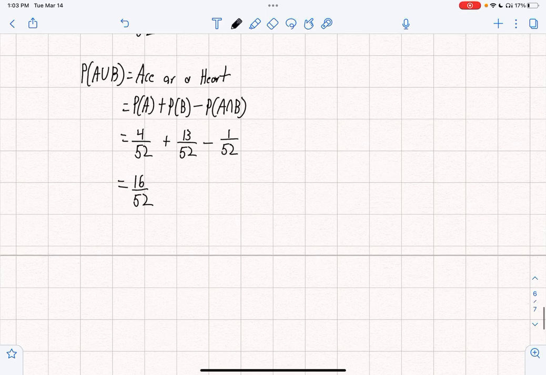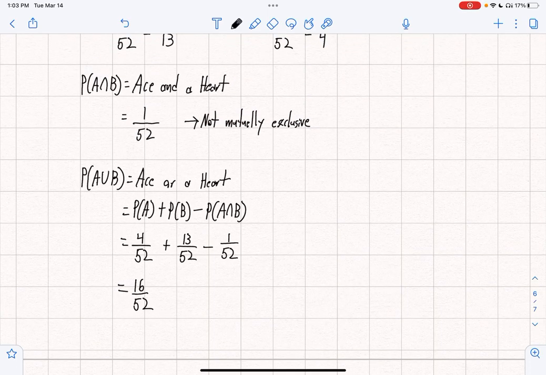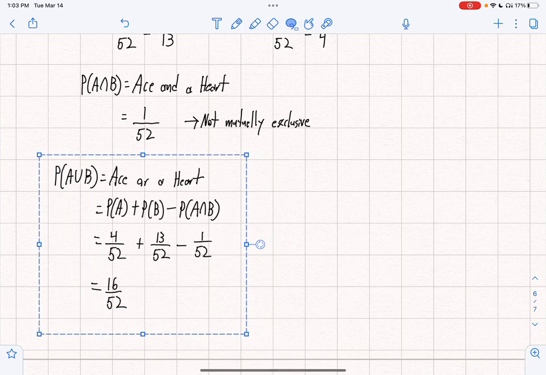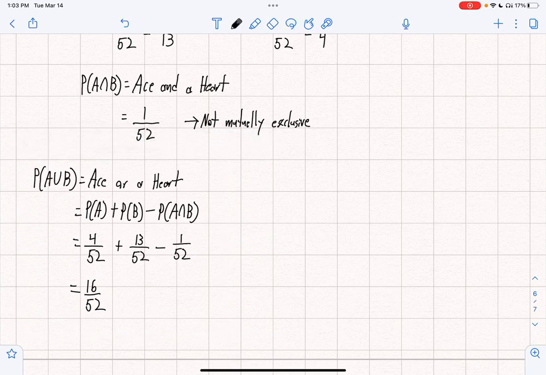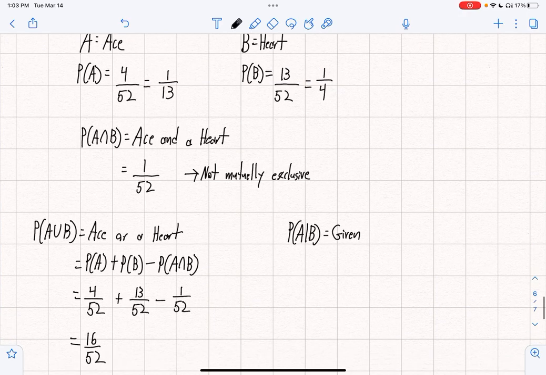Okay, and now let me do it over here. I'll move this over. So now let's do some conditional probability. So let's say the probability of A given B. Or in this case, what was our event B is heart. So given heart, what's the probability of an ace?